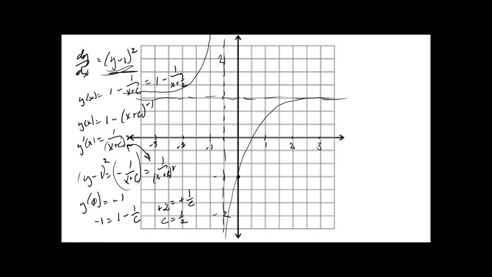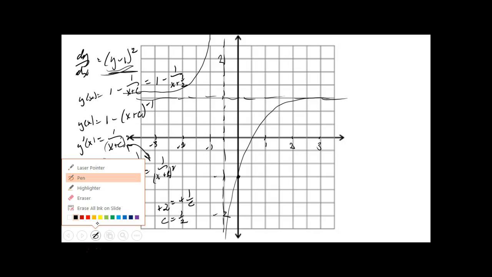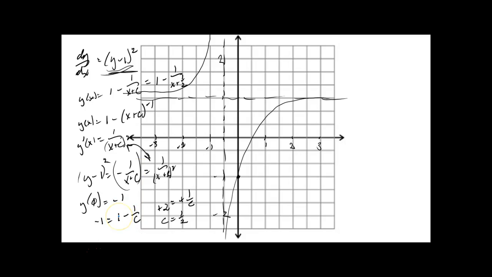All right. What if our initial condition, I think I'll change colors. You pick me a color, not black. Blue, light or dark? Dark. Okay, let's pick that one. Now let's do same equation. dy/dx is equal to (y minus 1) squared.